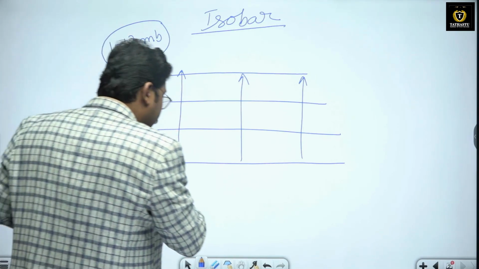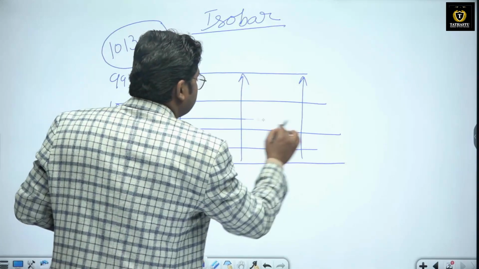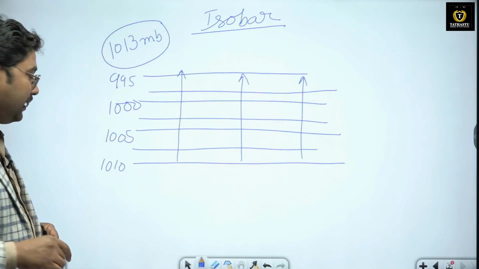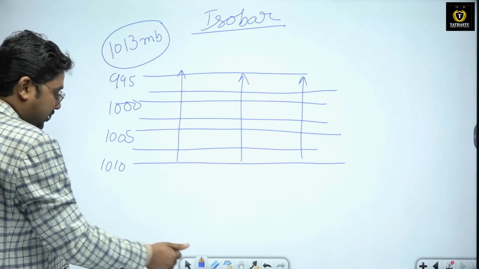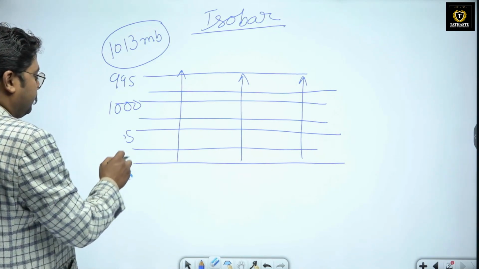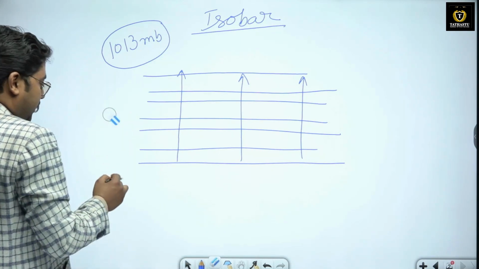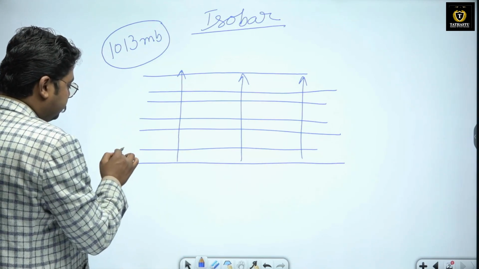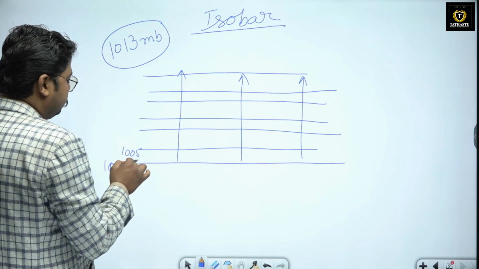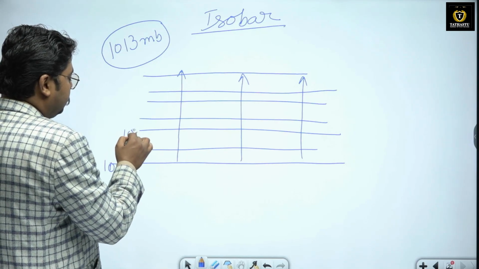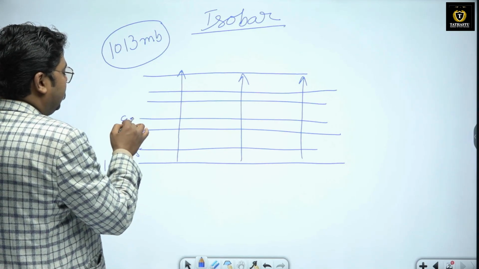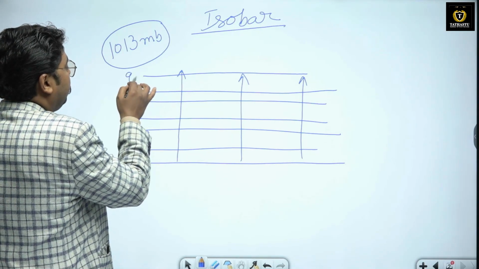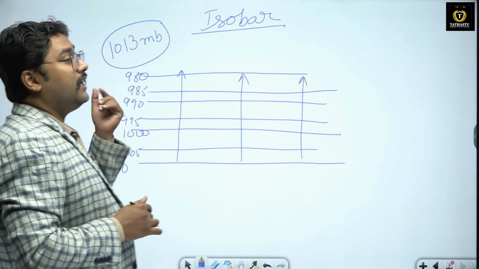But suppose if the isobars are closely spaced, again I am telling you, so instead of this, if the isobars will be 1010, 1005, 1000, then 995, 990, then 985, 980, now the pressure gradient will become steep.